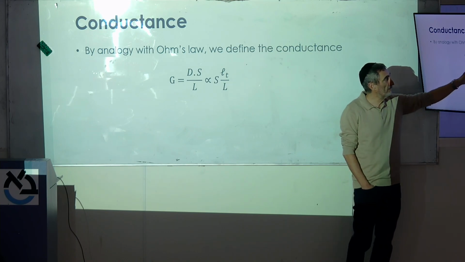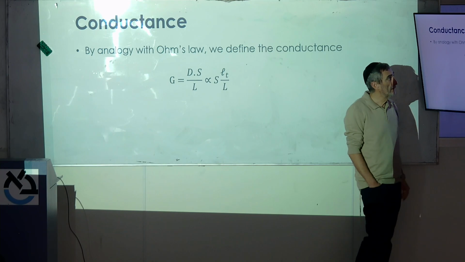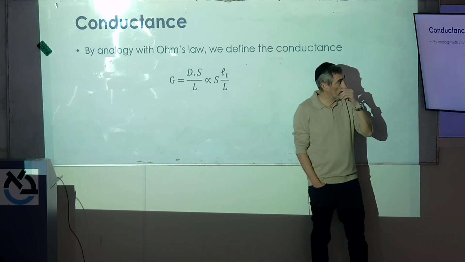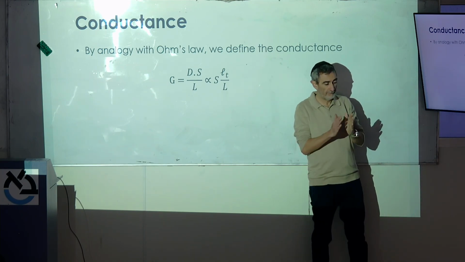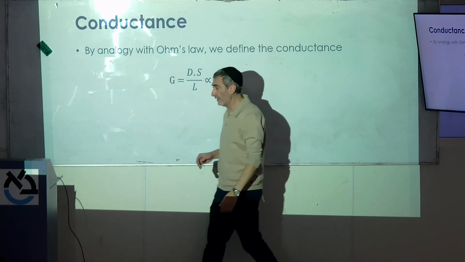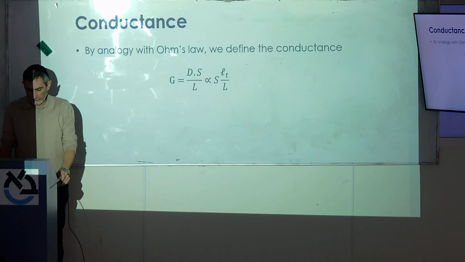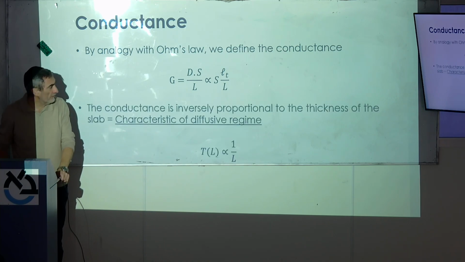And what is interesting, this is inversely proportional to N. That means that the conductance decreases as 1 over L, inversely proportional to L, as you increase the thickness of the slab. So the conductance is inversely proportional to the thickness of the slab.